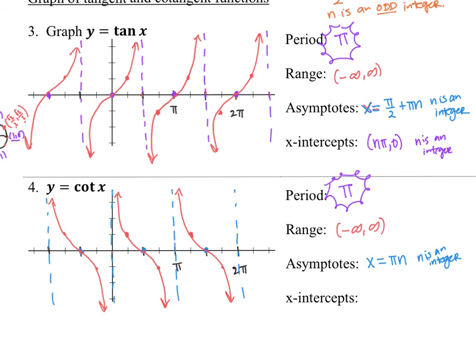Now on cotangent, there's an x-intercept at (pi over 2, 0), (3 pi over 2, 0), and so on. So I'm going to say pi over 2 plus pi n. It's an x-intercept, so do make it an ordered pair. I am going to specify that n is an integer, but if you leave this off, I will assume that you're talking about n as an integer.